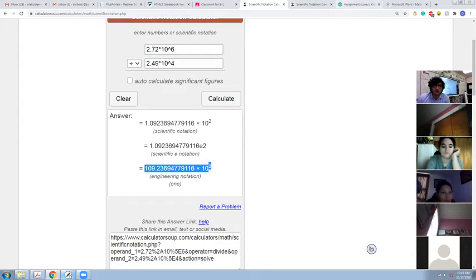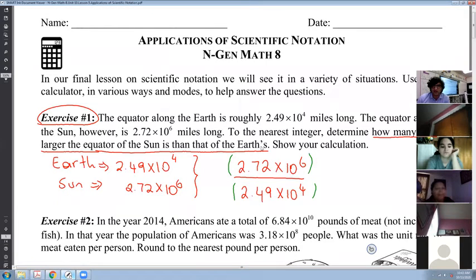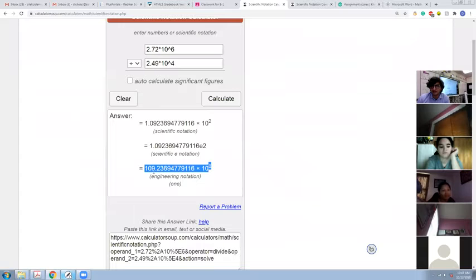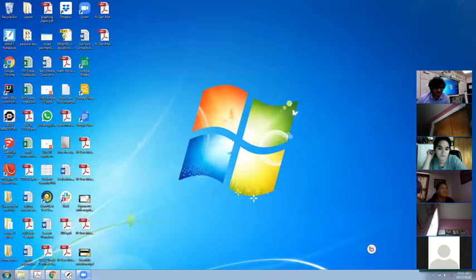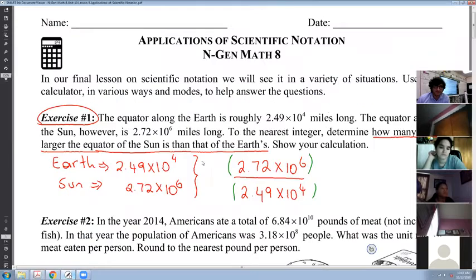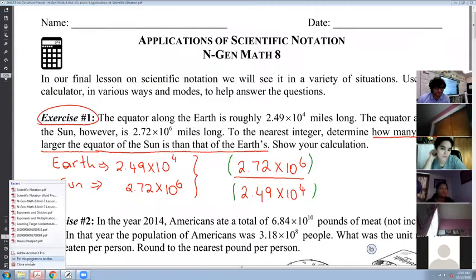It is asking you to the nearest integer. What is the nearest integer? 109, right? That's it. 109 is the answer.